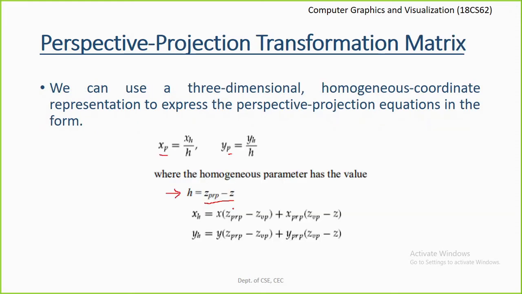So the value of this homogeneous coordinate h used in this equation is the difference between the z coordinate of the projection reference point and the z coordinate of the actual point which needs to be projected.